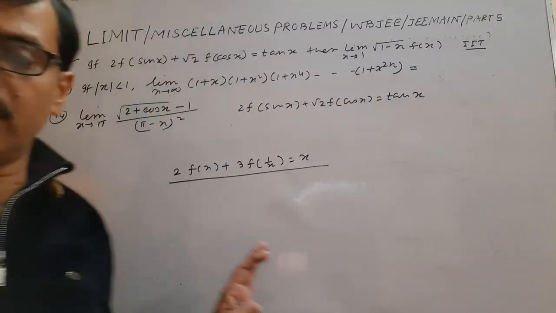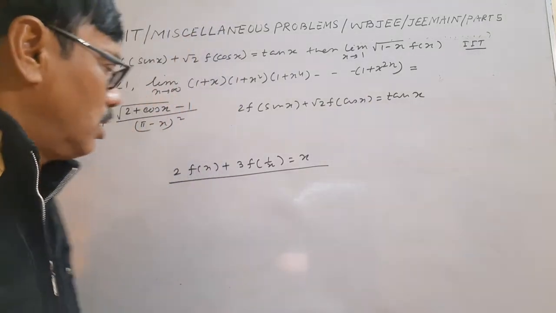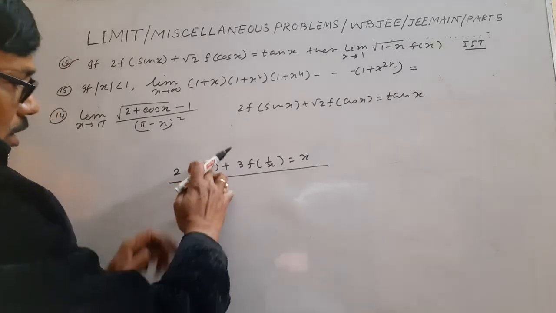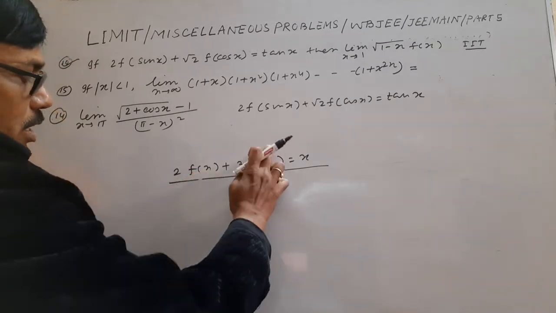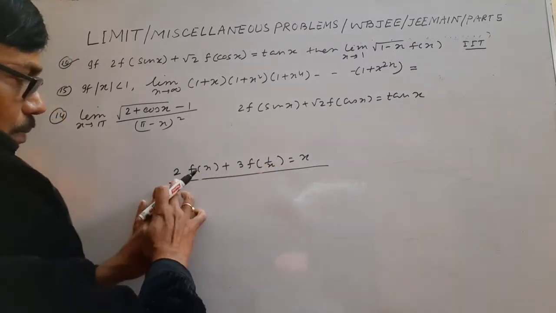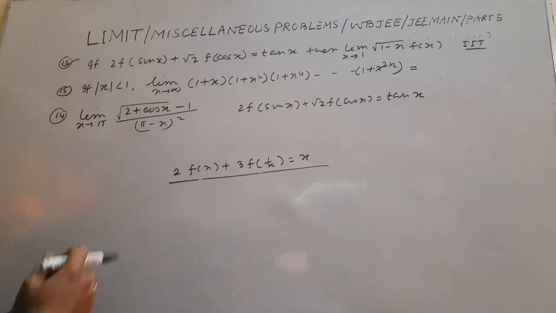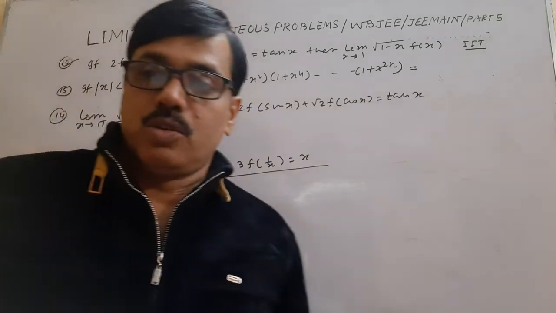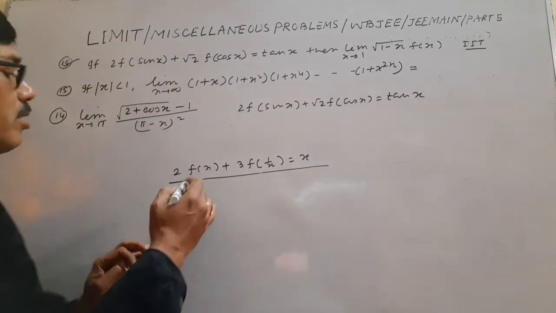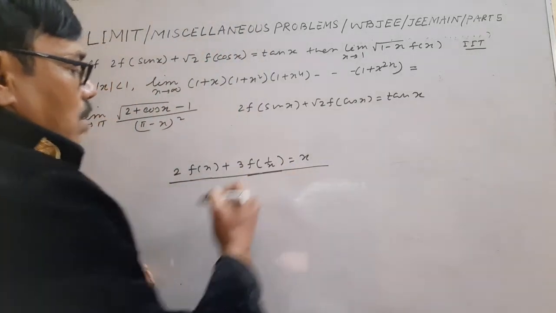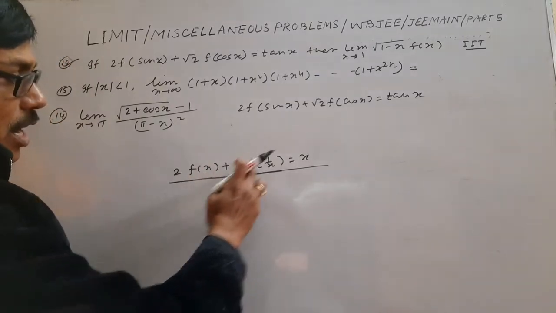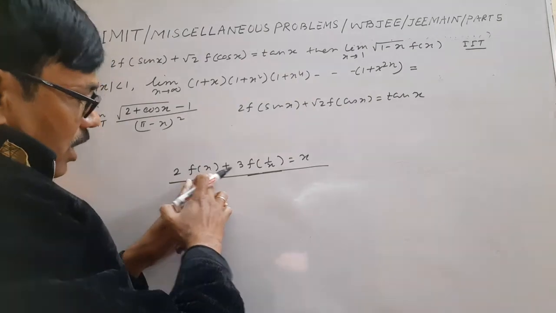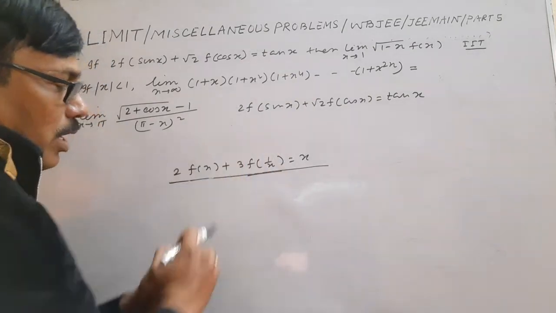We replace x by 1/x so that we get the same functions. Here we have f(x) and f(1/x), two functions: one with argument x, the other with argument 1/x.